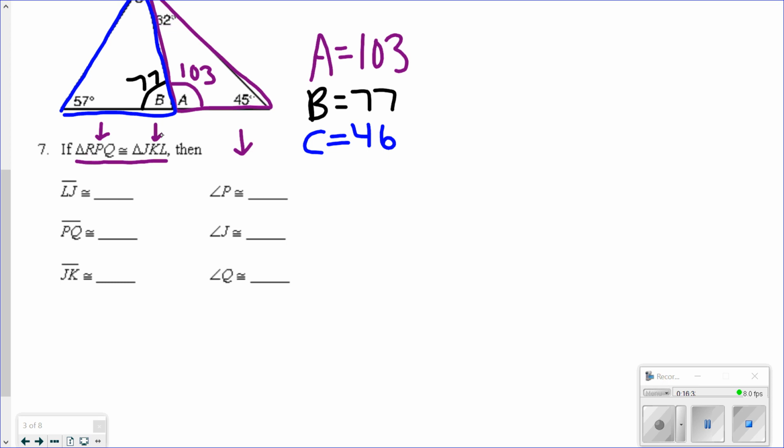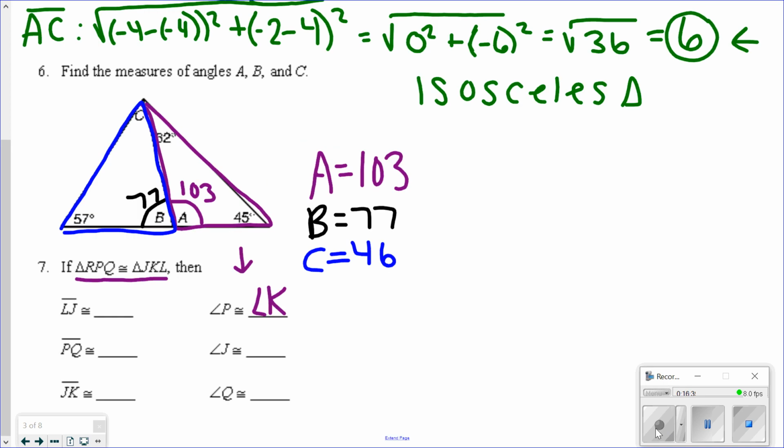So angle P is congruent to angle K. We're going to do the same thing for J. So angle J is the first letter here, so it has to be congruent to the first letter of this triangle, which is angle R. And finally, angle Q is the third or last letter here, which means it's congruent to the third or last letter of that triangle, which is angle L.